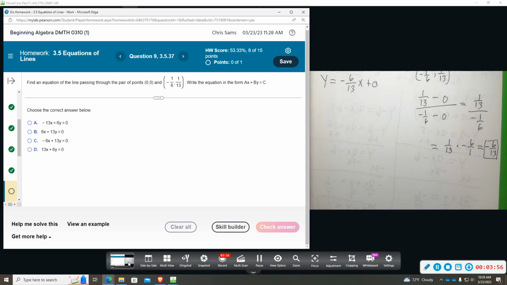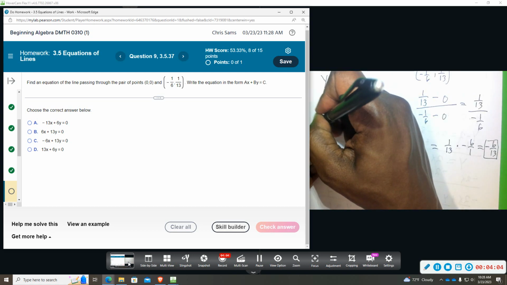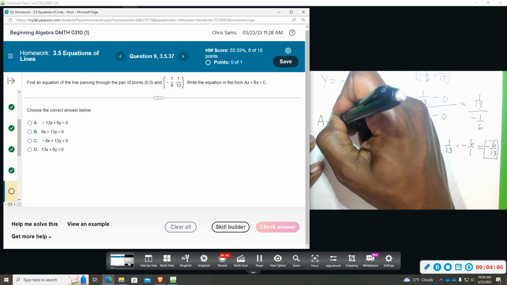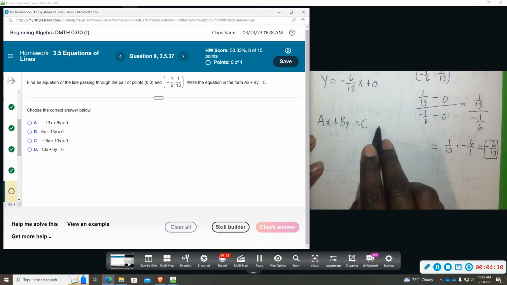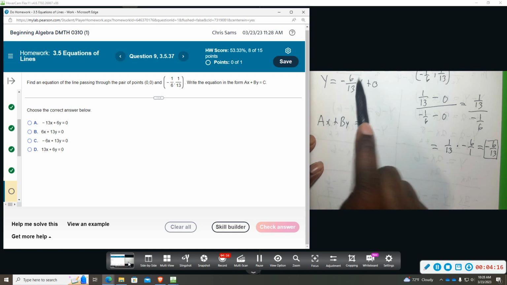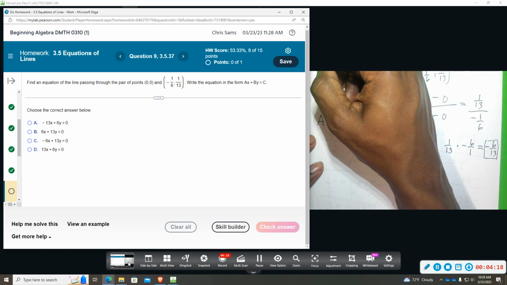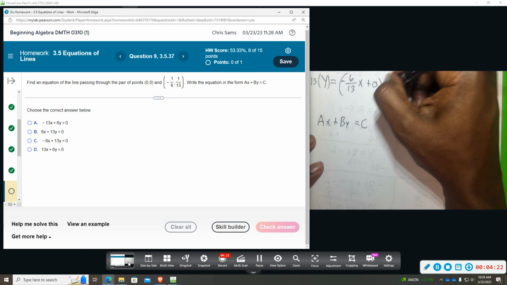Now, in order to get this in standard form, all of the variables A, B, and C have to be whole numbers. So this is a fraction, and I need to make this a whole number. I do that by multiplying by 13. So I'm going to multiply this side by 13, and this side by 13.